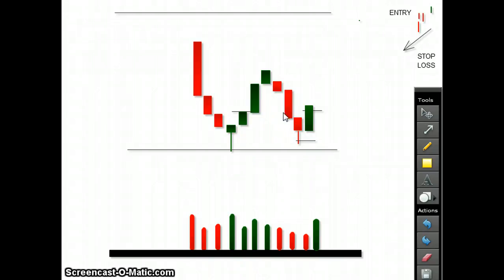Sometimes the test might end here, the pullback might end here at the 50% level, and then continue to rise. So these are just some scenarios you want to see. From a volume standpoint, on the test, you want to see low volume if you're trading stocks. You want to see low volume.